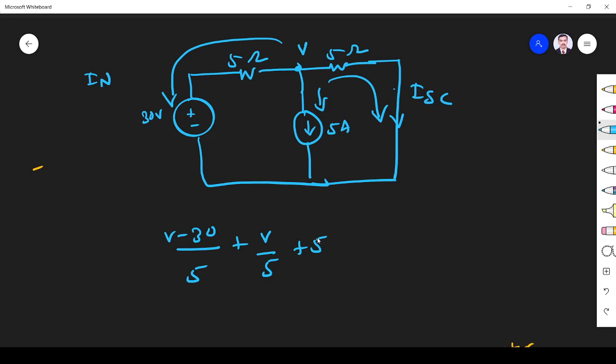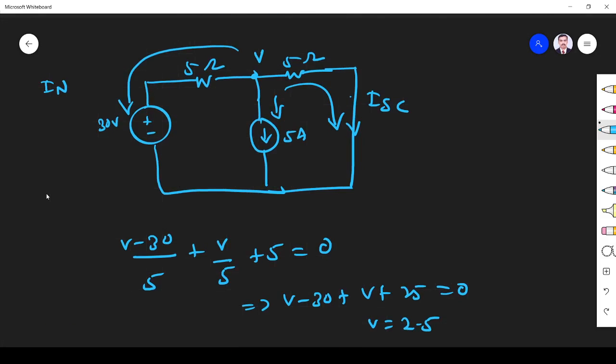For this branch, outgoing current 5 ampere, that is equal to 0. This implies V minus 30 plus V plus 25 is equal to 0. So V is equal to 2.5. So what I want is I.